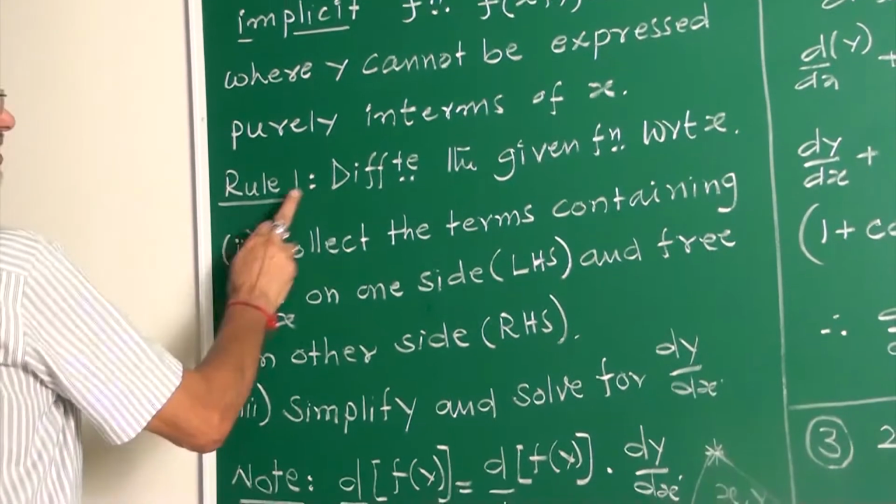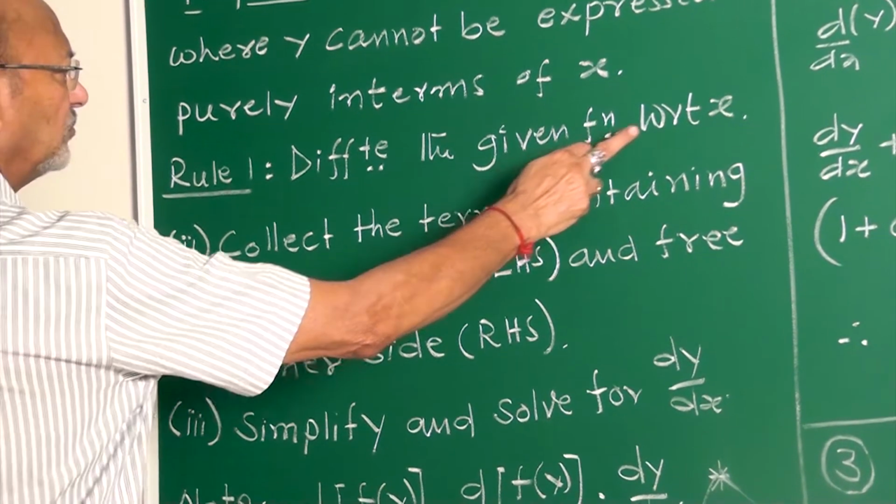First, rule 1: differentiate the given function with respect to x.